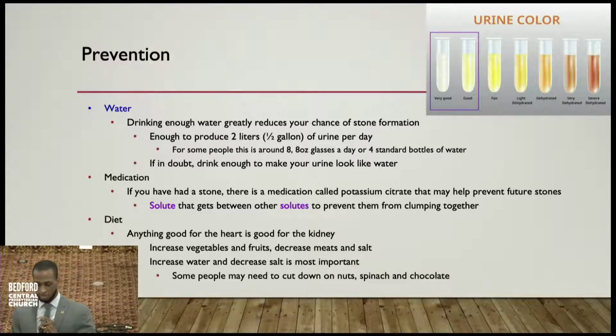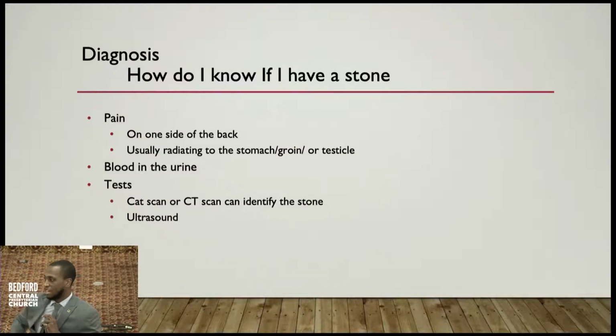Usually the biggest symptom is pain. So patients usually come to me telling me that they have a kidney stone. They have really intense pain in the back on whichever side that stone is on, and that pain will usually radiate or travel downwards.